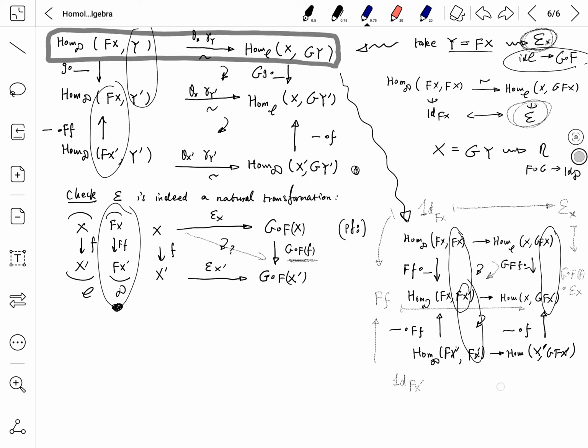But this also maps to F. Sorry, this is the vertical line F, so this one is again epsilon x prime.